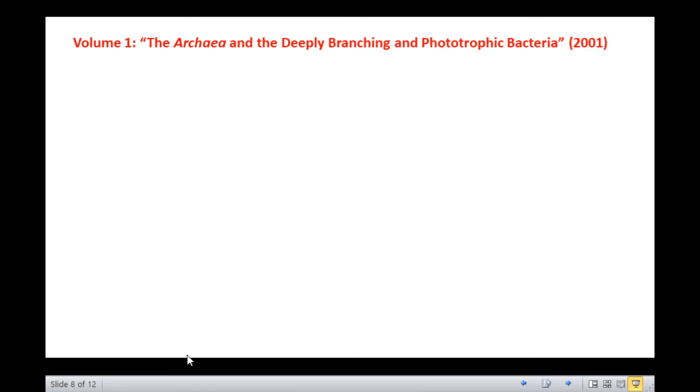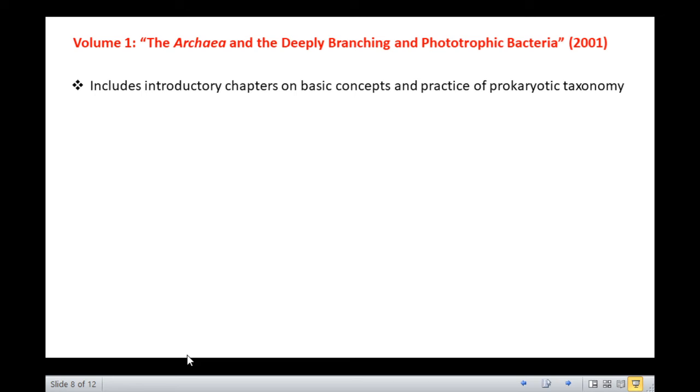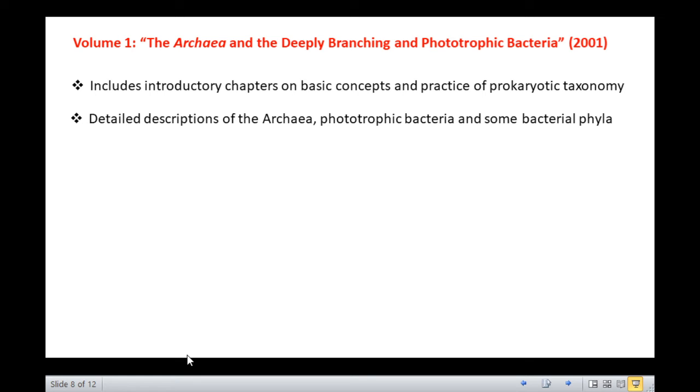Volume 1 includes the Archaea and the deeply branching and phototrophic bacteria, published in 2001. This volume begins with numerous introductory chapters on the basic concepts and practice of prokaryotic taxonomy, followed by detailed descriptions of archaea, phototrophic bacteria, and some bacterial phyla.